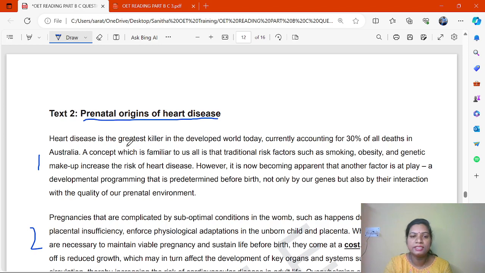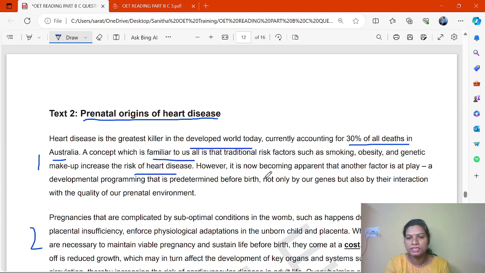Heart disease is the greatest killer in the developed world today, currently accounting for 30% of all deaths in Australia. A concept which is familiar to us all is that traditional risk factors such as smoking, obesity, and genetic makeup increase the risk of heart disease.